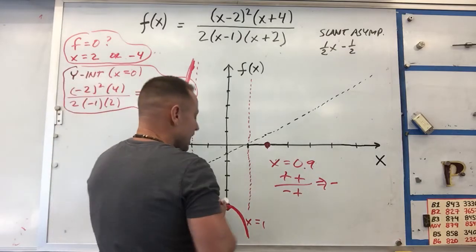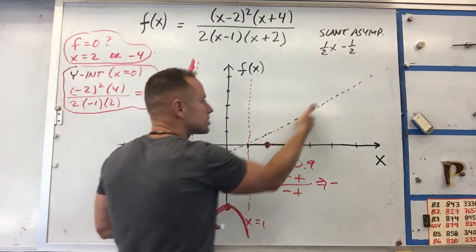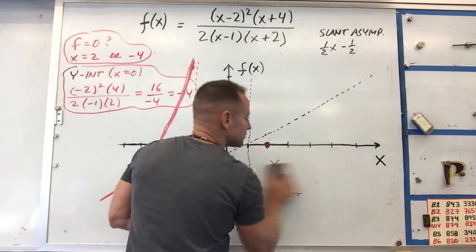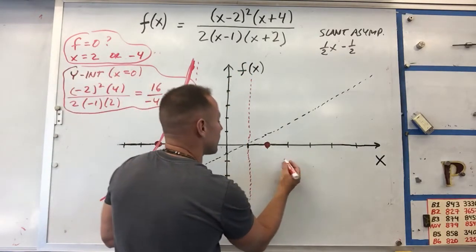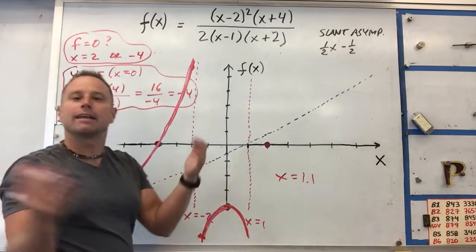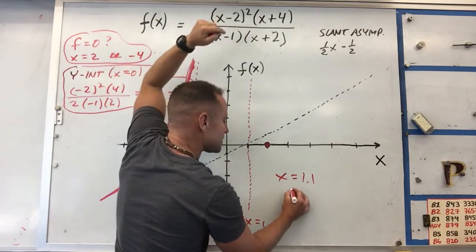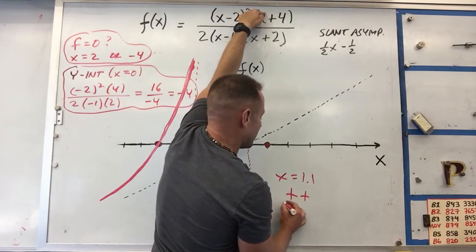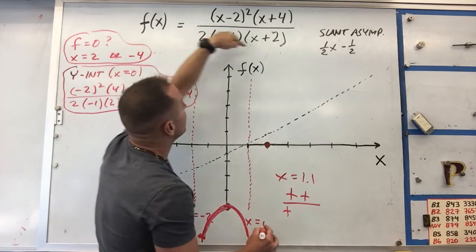Right? Very last part, we just need to know what's going on here, whether this comes from below and approaches the line or maybe comes from above. Let's check this out. So we need to look at, for instance, x equals 1.1. Let's take a look at what happens there, just to get the signs. So when you're at 1.1, this term is a positive because it's squared. That term is positive, 1.1 plus 4. 1.1 minus 1, that is positive, and this is also positive.